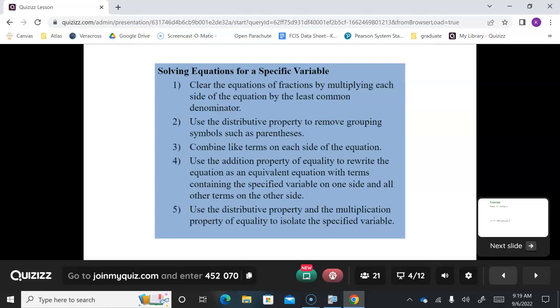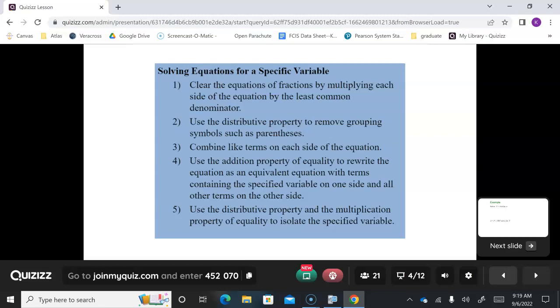Solving equations for a specific variable. So we started with solving equations in one variable, and we did inverse operations. So if I had 3x plus 5, I would subtract 5 to move to the other side. I would divide by 3 to get x by itself, okay? We're doing the same thing with what we call literal equations. The only difference is I can't actually do any subtraction. I can't actually do any division. All I can do is show it.